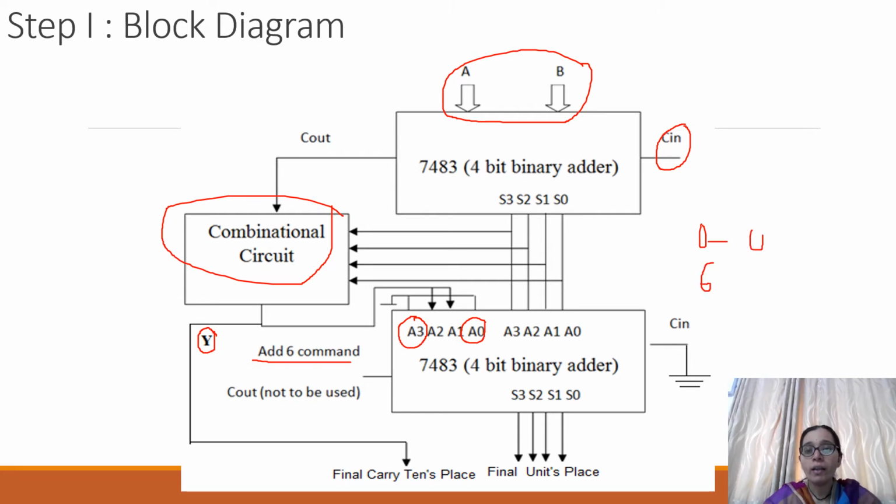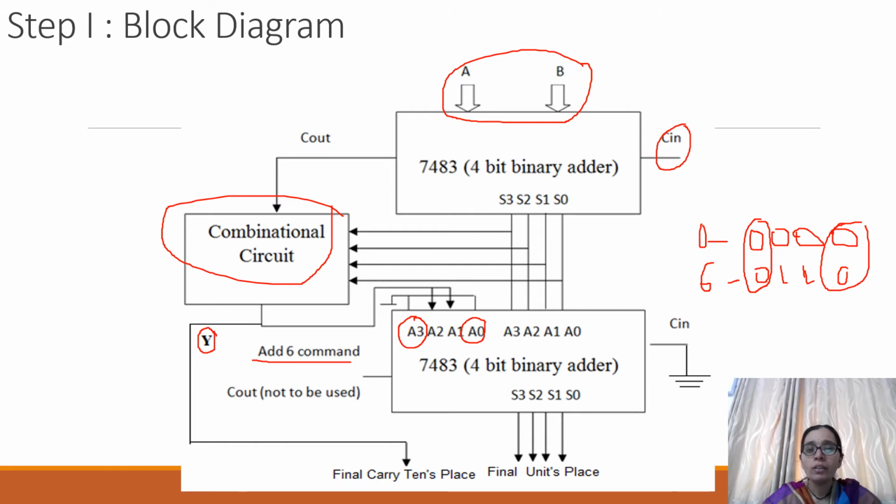The binary equivalent of 0 is all four zeros, and the binary equivalent of 6 is 0, 1, 1 and 0. So as we can observe, in both cases the MSB and the LSB are 0. Therefore, A3 and A0 are grounded.